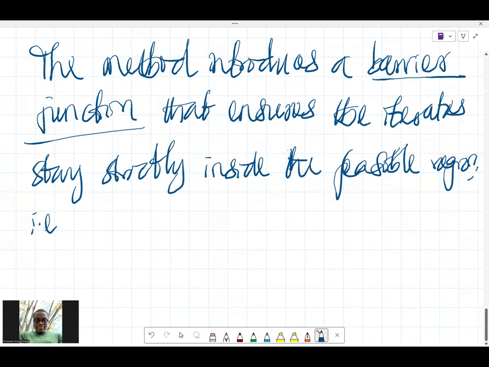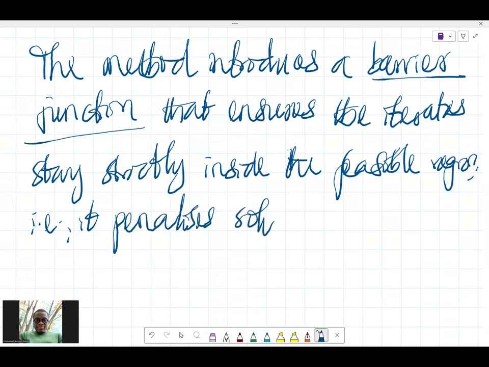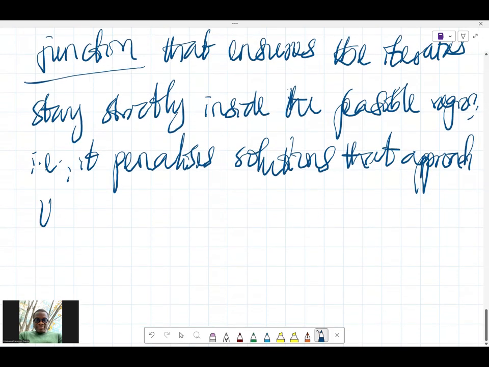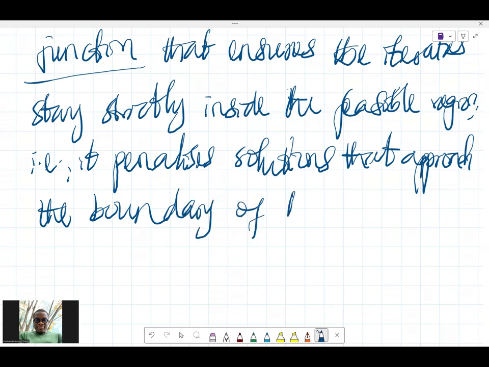That is, it penalizes solutions that approach the boundaries of the feasible region.